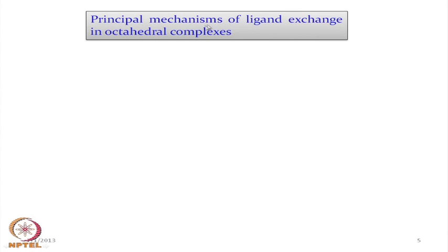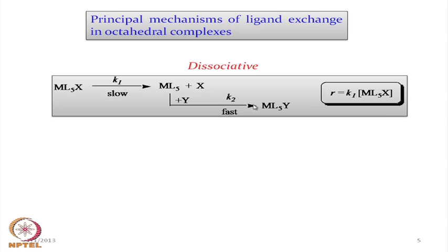So, the principal binding mechanism, that means the mechanism for the ligand exchange in octahedral complexes, we can have therefore the dissociative one, where we have seen already that is the K1, and the reverse of this we can consider as K minus 1, and when it is only a dissociative one without involvement of the Y, the rate is straightway dependent on K1 times ML5X.